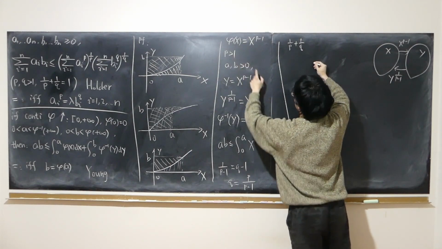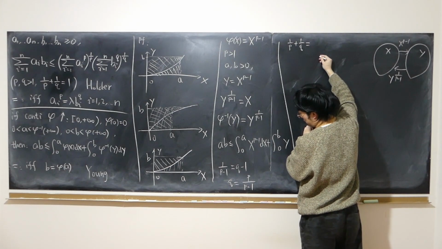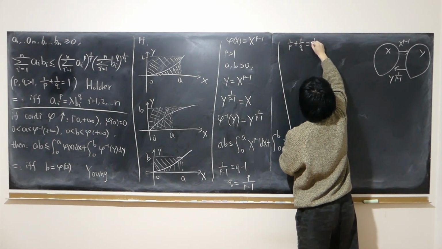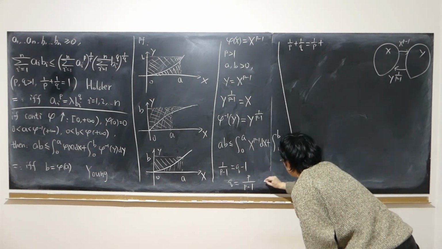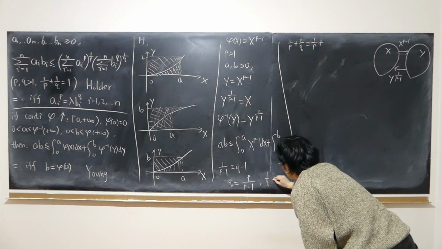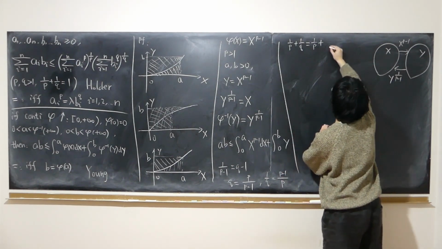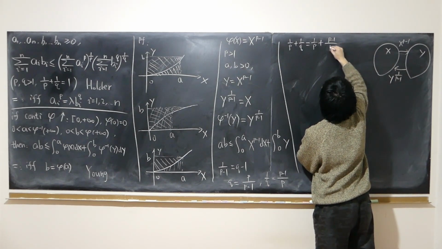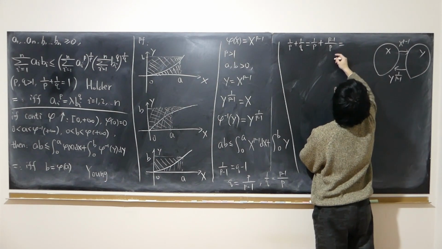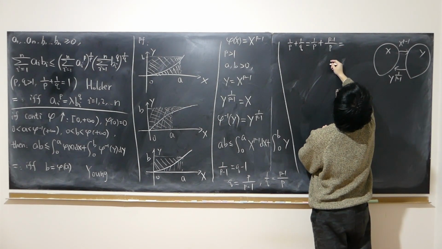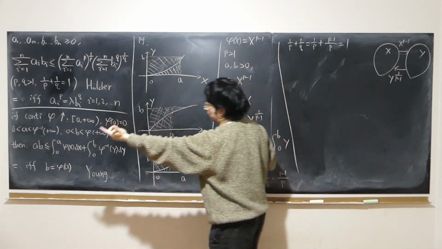Like I said, p is greater than 1. So that is equal to what? 1 over p plus 1 over q, where q is equal to this. So in other words, 1 over q is just p minus 1 over p. So what is that equal to? p over p, equal to 1. So the condition is satisfied.